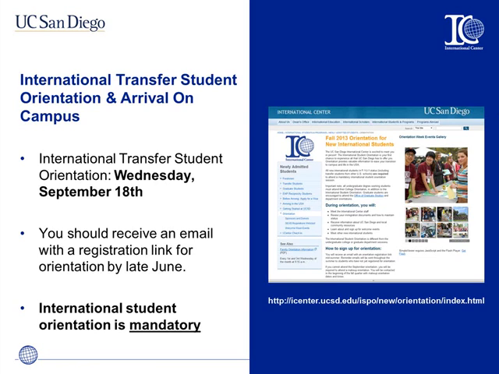From September 9th until the middle of September, we have our orientation assistants who are current UC San Diego students that will be available at the International Center to answer any questions that you may have. Please remember that the International Center orientation is mandatory and required of all international students. So please mark your calendars for Wednesday, September 18th for International Transfer Orientation.